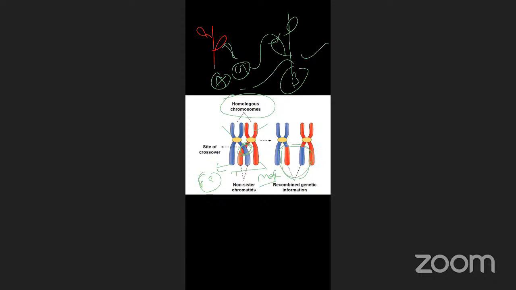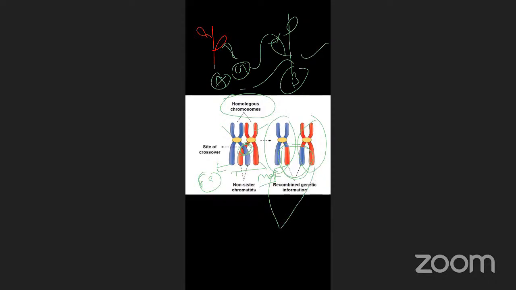So the blue color chromosome gets the red gene and the red color chromosome gets the blue gene. Now these are separated, that means they become haploid. During fertilization, these haploid gametes fuse. What happened? Some new characters are obtained.